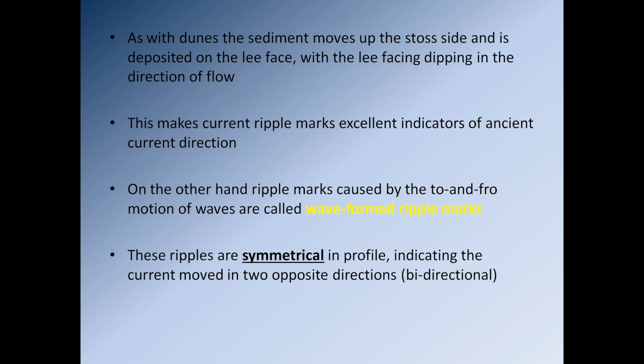As it gets pulled back out towards the sea, the water is going to pull the sediment back down the beach. So as the wave moves up the beach, it pushes sediment up, and as the wave comes back down the beach, it pulls the sediment back down. And so we have a bidirectional flow, one way up the beach, one way down the beach. And so that means the ripples we form are symmetrical.